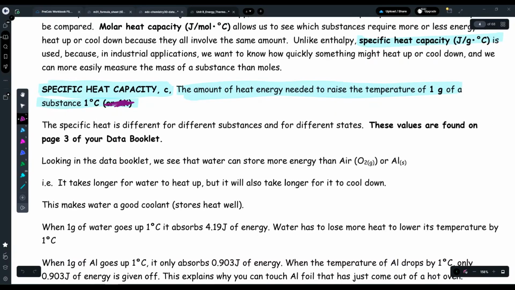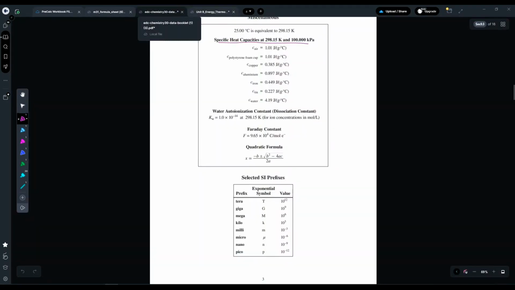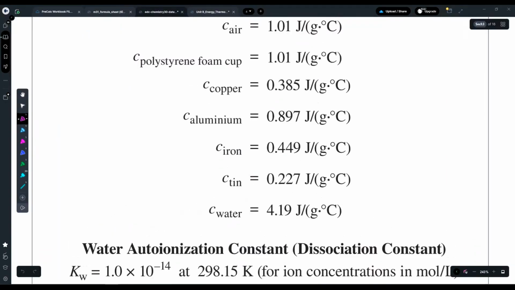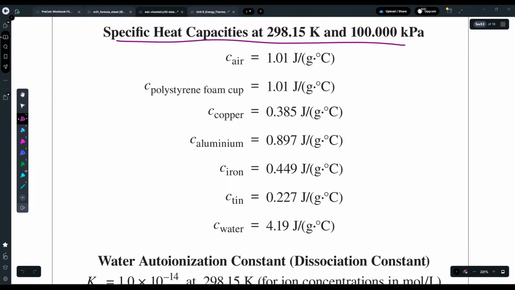So looking at the data booklet, we can see that water can store more energy than air or aluminum. So looking back here, like I said, water has the highest specific heat capacity, whereas air is 1.01 and aluminum is 0.897.